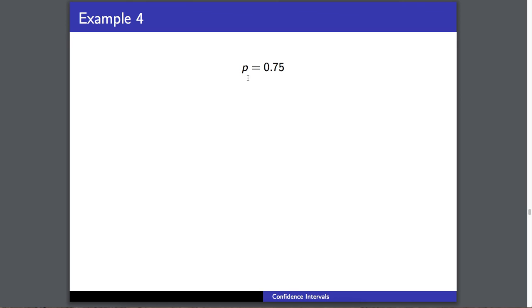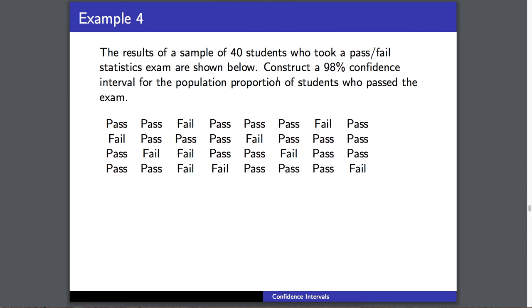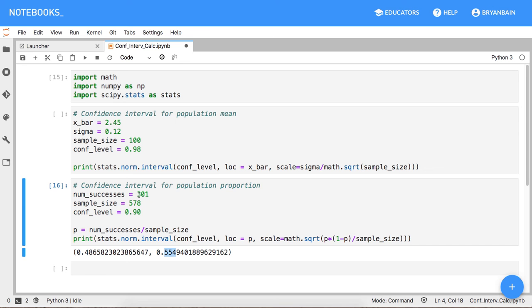If you're doing it by hand, you've got to use 0.75 as your point estimate. Here, we can also do 30 of them passed, we had a sample size of 40, and our confidence level is 98%. So calculating this one, we get about 59.1% to about 91%.